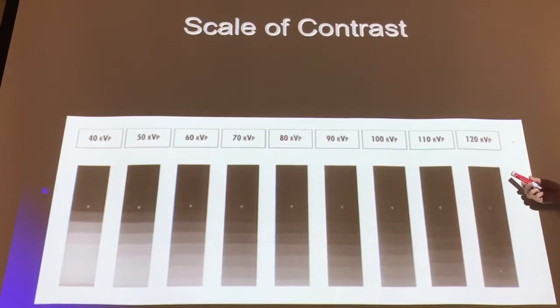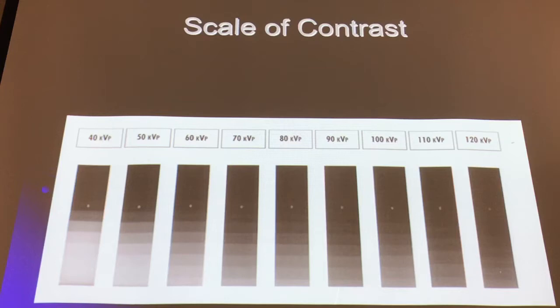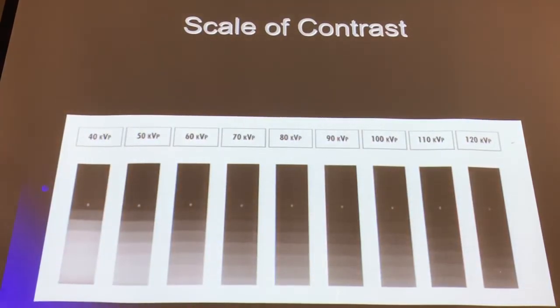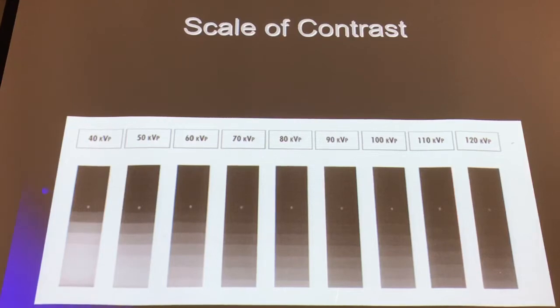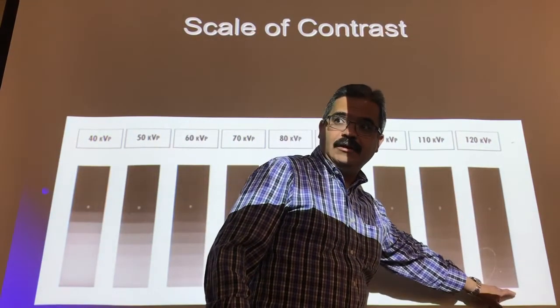Does it help? Scale of densities, or grays, same thing. Okay? See, because when I think of more shades, I think of 40 kVp having more shades than the other. Yeah, it looks like it has a lot of white and gray. No, and that's because our eyes, not you specifically, but our eyes, don't have the ability to see all of the grades that we have here.